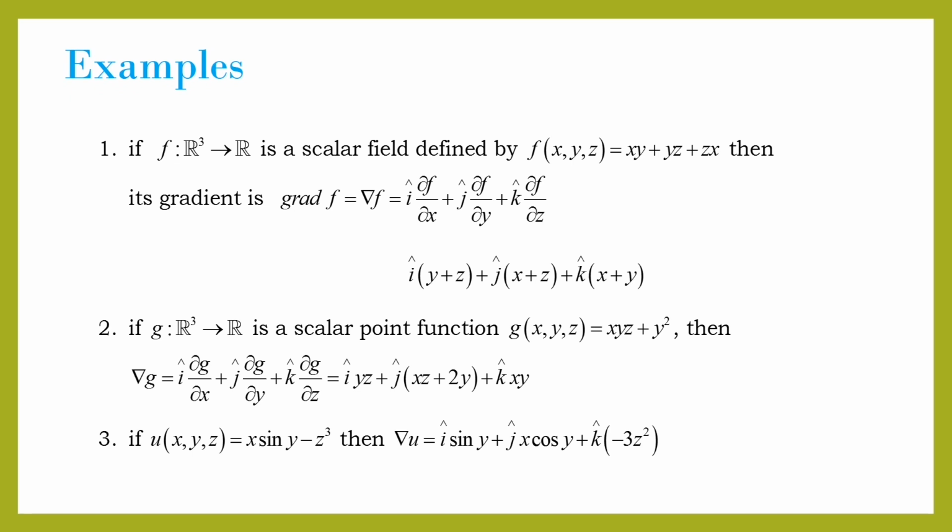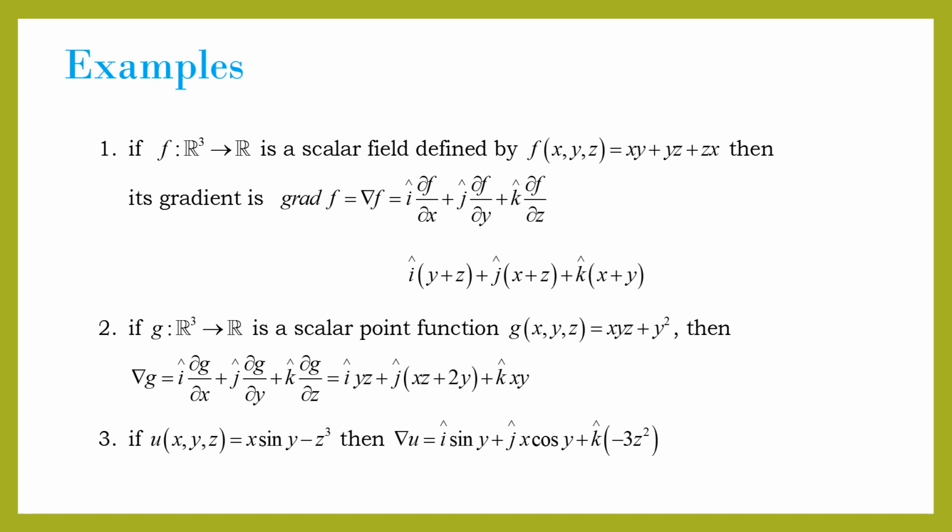Now the gradient of f or del f equals i cap (y plus z) plus j cap (x plus z) plus k cap (x plus y). So this gives the gradient of the given scalar point function.